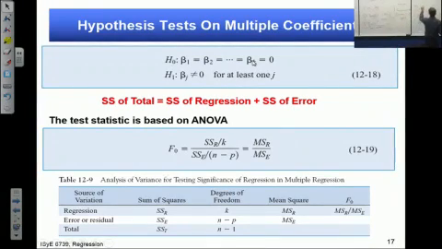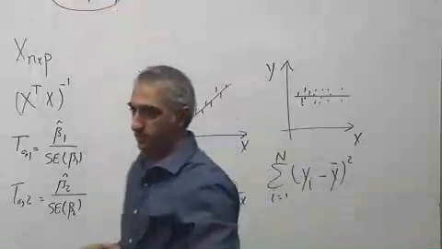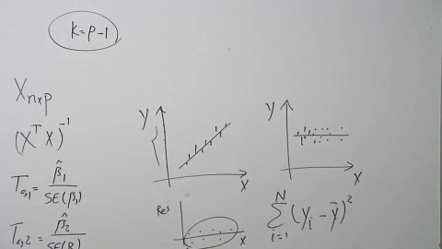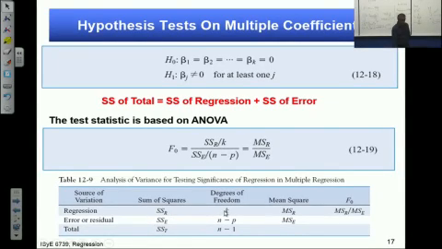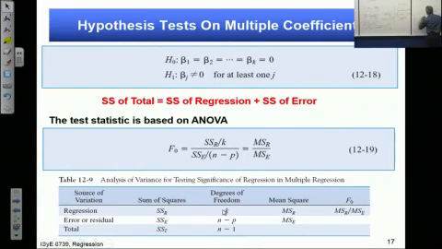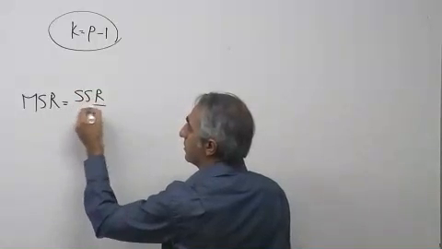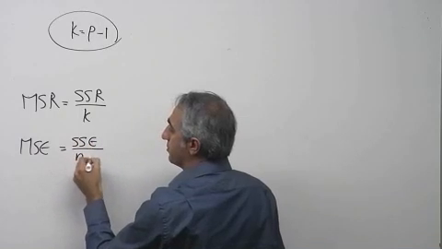So k is p minus 1, the number of predictors that you have. Okay? So mean square of regression, your MSR, is SSR divided by k. Your MSE is SSE divided by degrees of freedom, which is n minus p.